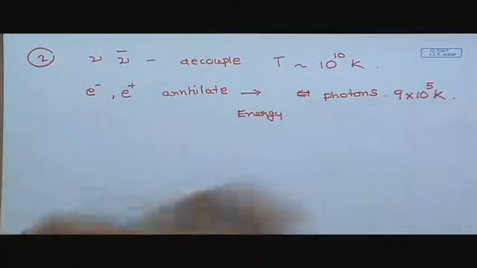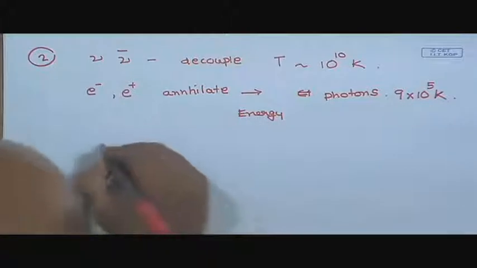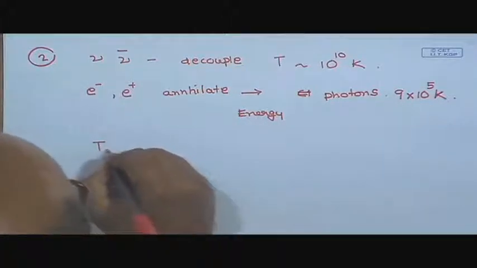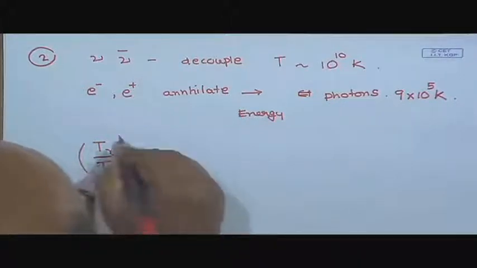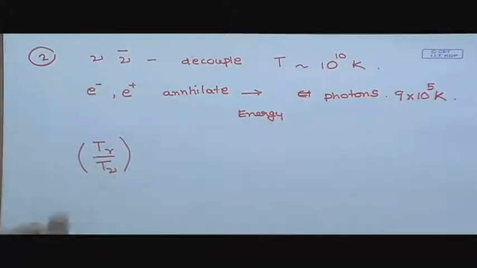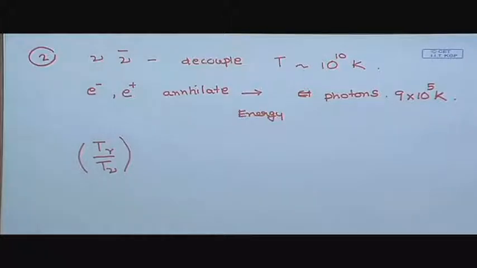We have studied this, and as a consequence of this, the photon temperature T gamma is more than the neutrino temperature. The neutrinos have decoupled. So, as the universe expands, the neutrinos free stream, and the temperature of the neutrino just scales inversely with the expansion of the universe.